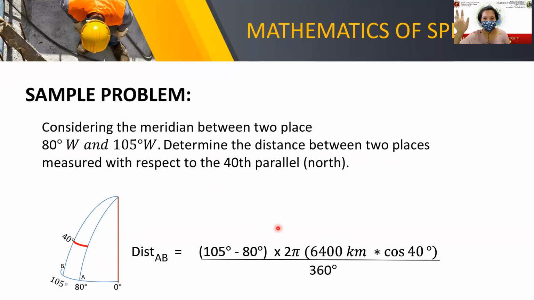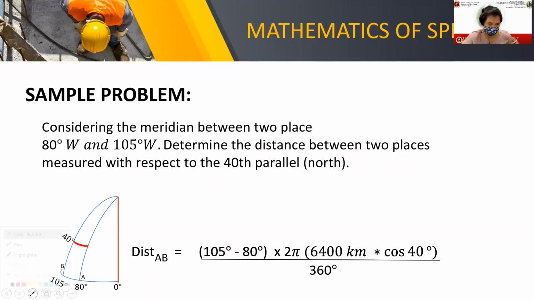Okay, so earlier, 105 degrees minus 80 degrees times 2 pi r was the formula. Since we now have the parallel, we now have the latitude, so we employ a new formula.